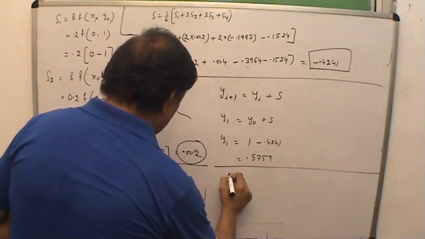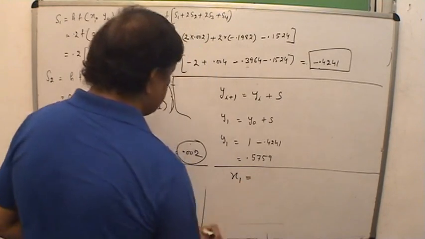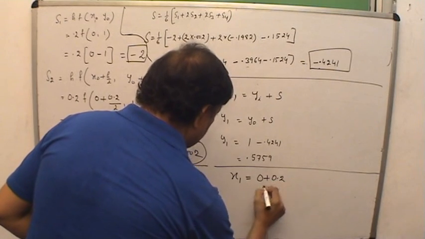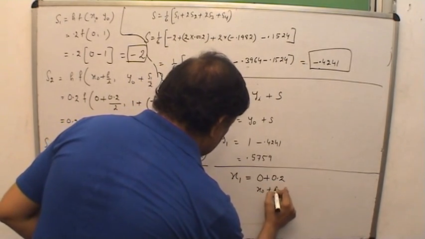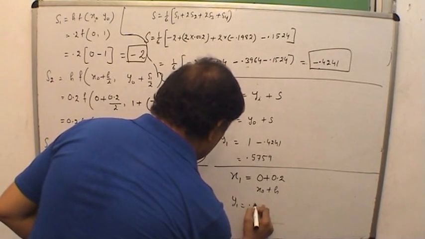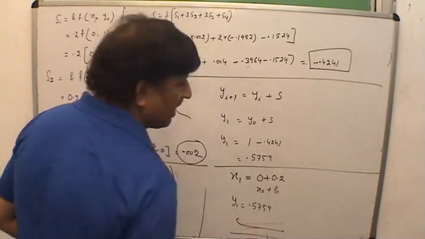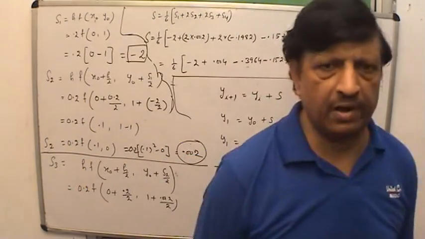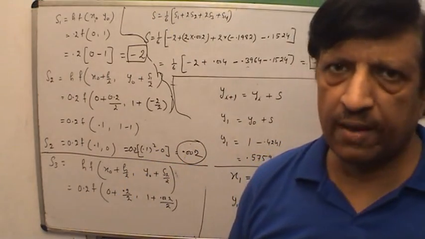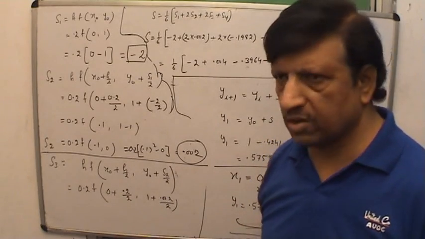How will we get them for the next step? x1 is equal to 0 plus 0.2, it was x0 plus h. That is x1, and y1 is equal to 0.5759. We can continue the second, third and fourth step until we get repetition of the same value. But from the exam's point of view, only one step is sufficient in the Runge-Kutta method.